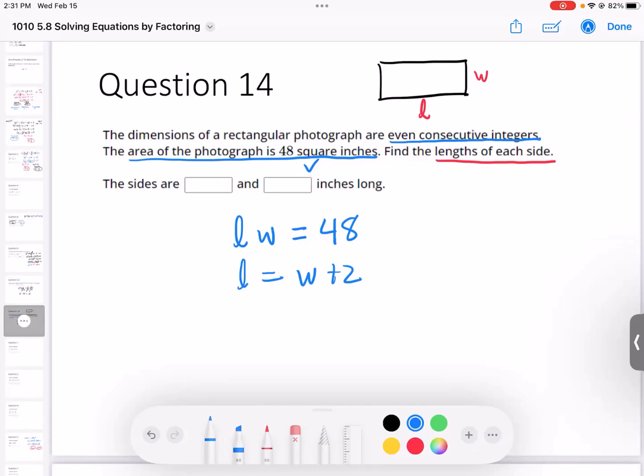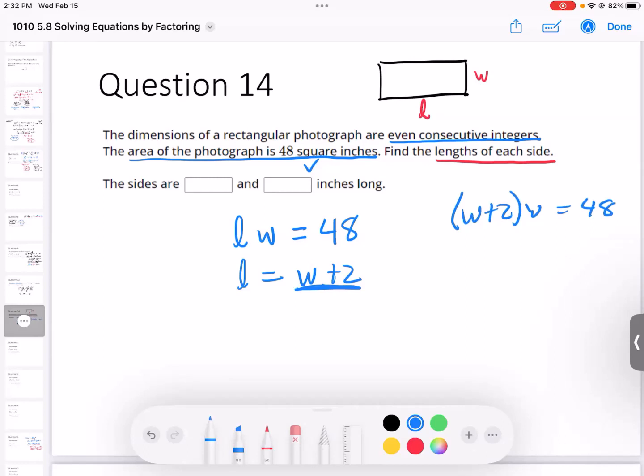Okay, so those 2 equations represent all of the information that I was given, and I'm asked to figure out what L and W are. So essentially what we have here is a system of equations, but you can't use elimination because this L and W are multiplied together, not added. But you can still use substitution because if L equals this stuff, then you can replace that stuff for L. So I would write this out as W plus 2 times W equals 48.